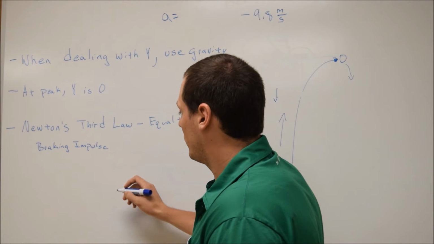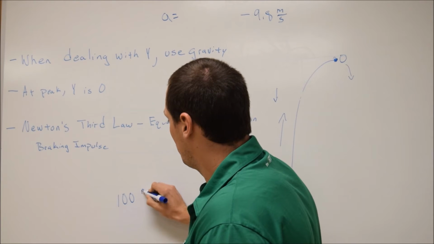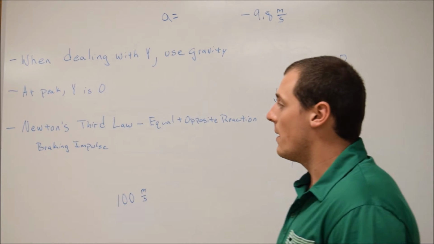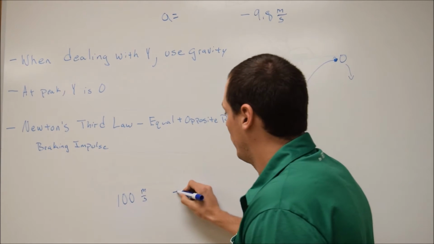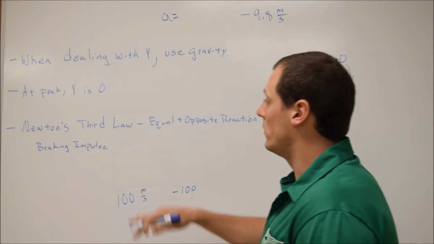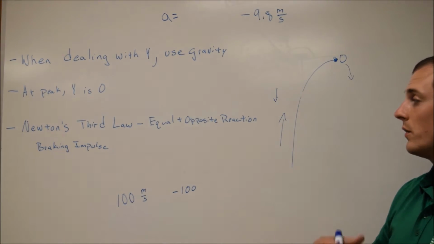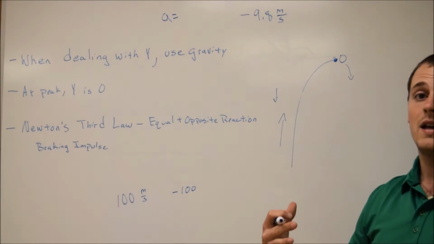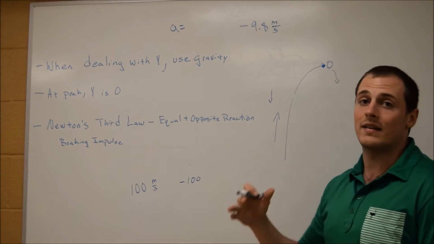So let's say some object is going at 100 meters per second. The impulse that is needed to stop that is going to be negative 100. And that's due to Newton's third law dealing with equal and opposite reaction. So if there's a propulsion impulse and it's asking the braking impulse or the amount needed to stop, it's going to be exactly the opposite.